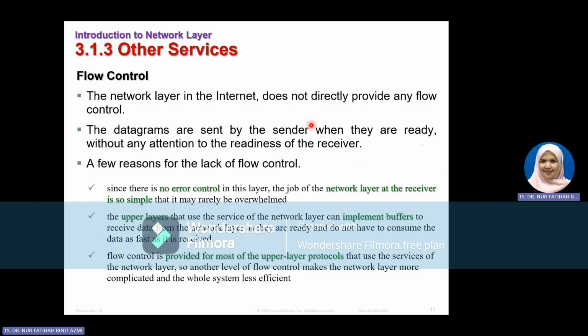Maksudnya dia tak kira receiver tu ready or not, the sender will just send the data. Why? Because the network layer assumes that the upper layer will handle the buffering and timing. This makes the network layer simpler and avoids unnecessary complexity.